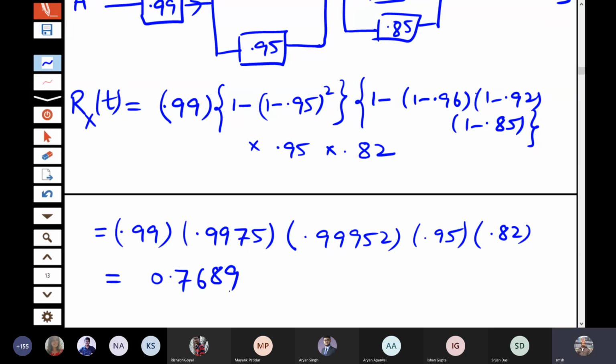You can see, although the individual component reliabilities are quite high, I mean they are 0.99, 0.95, 0.96, 0.92, etc., the overall system reliability has become much less. It is just 0.7689. That is nearly 77% reliability.